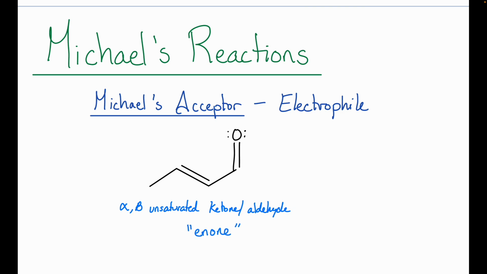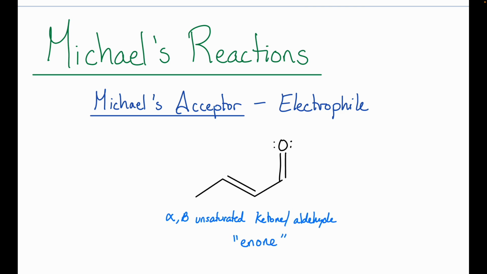Remember, an enol is a double bond next to an alcohol group. This enone is a double bond next to your carbonyl group. All right.